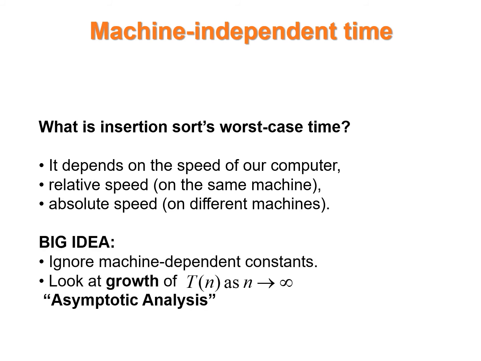Big idea: ignore machine dependent constants, and look at the growth of T of n as n approaches infinity. This is asymptotic analysis.